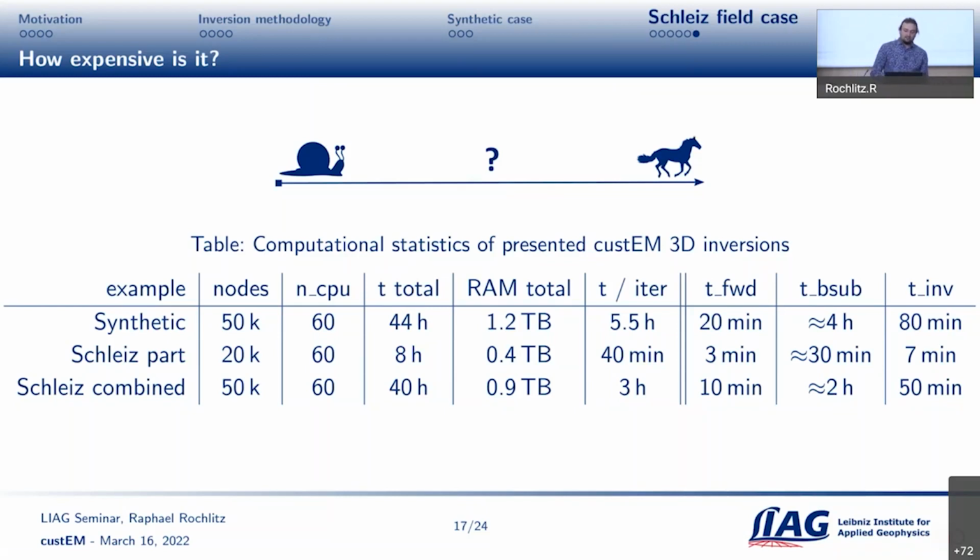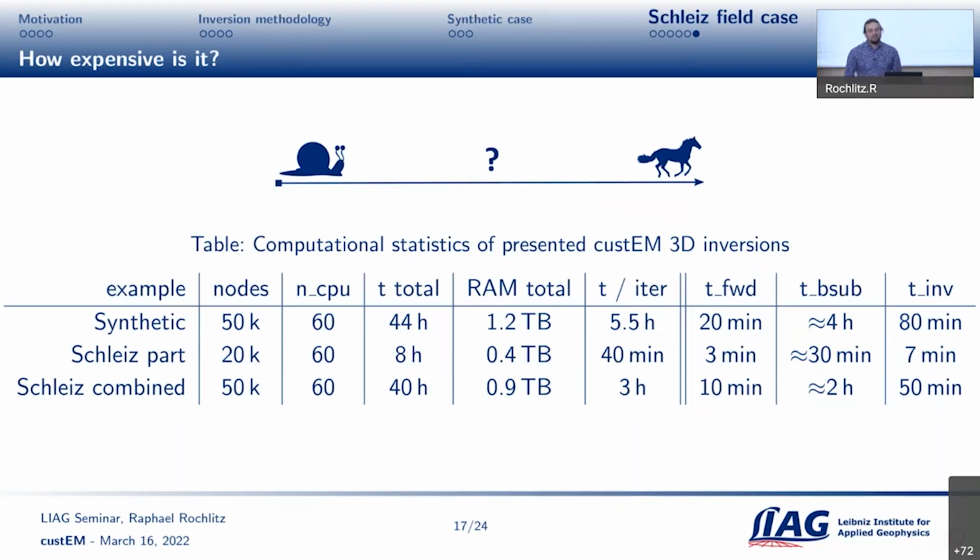And this is quite interesting because usually people say that the forward solution is the bottleneck in 3D inversions, but for our data sets, and this is particularly due to the nature of semi-airborne geometries, the back substitution time becomes the bottleneck. The small slides part inversion requires only 40 minutes per iteration and only 8 hours.